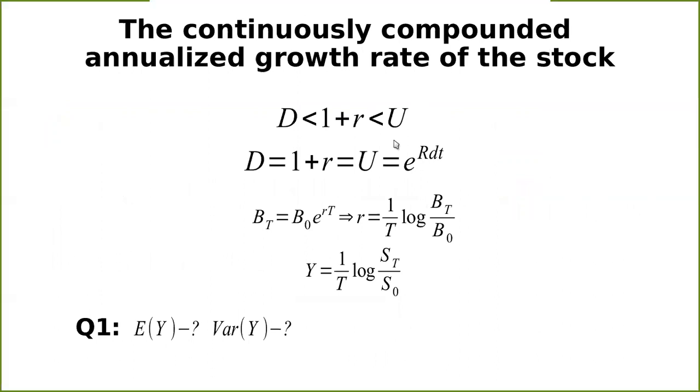And now, you remember that the necessary and sufficient condition is that 1 plus r is more than d and less than u, and it is the condition for the existence of a risk neutral measure. If it is not random, not stochastic, and d equals u, then d and u will equal only 1 plus r, or e to the power R dt.